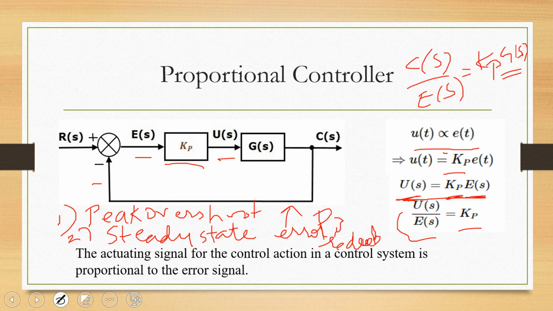So we have to select Kp in such a way that the peak overshoot and the steady state error are within the specified values. In practice, if this forward path gain is increased, sometimes the system becomes unstable. So instead of going for just a proportional controller, we go for either a PD controller, PI controller or PID controller.